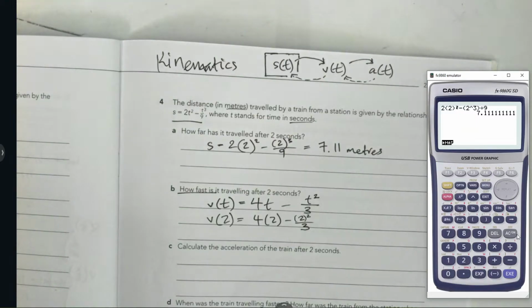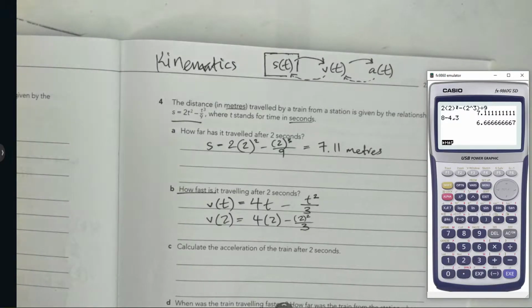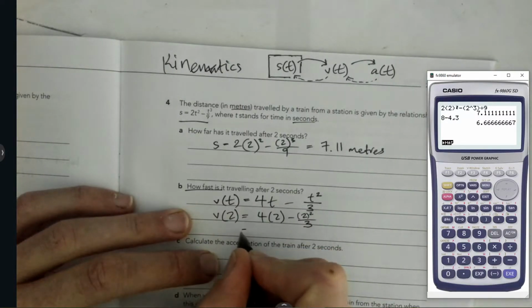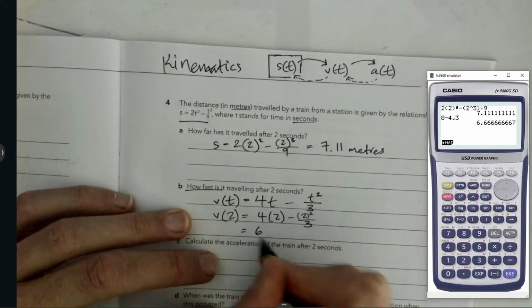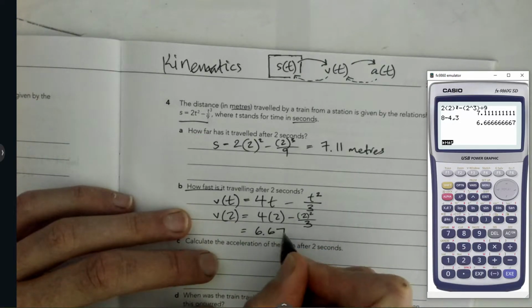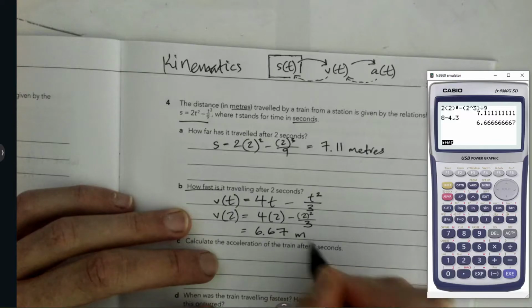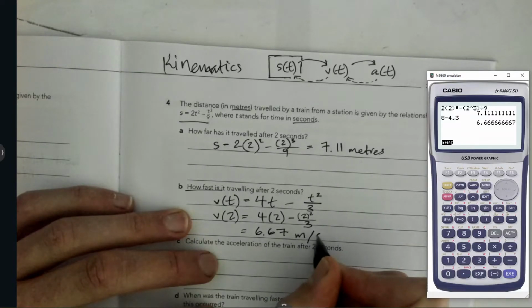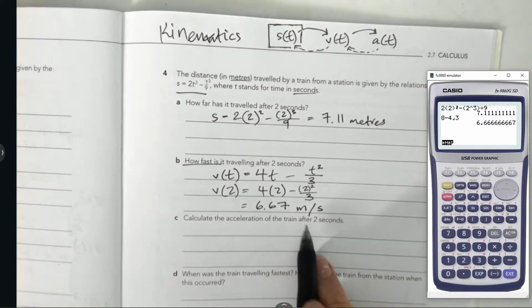We'll get our calculator again. We'll be a little bit lazy. 8 minus 2 squared is 4 over 3. That's going to be 6.67 meters per second. How did I know it was meters per second?